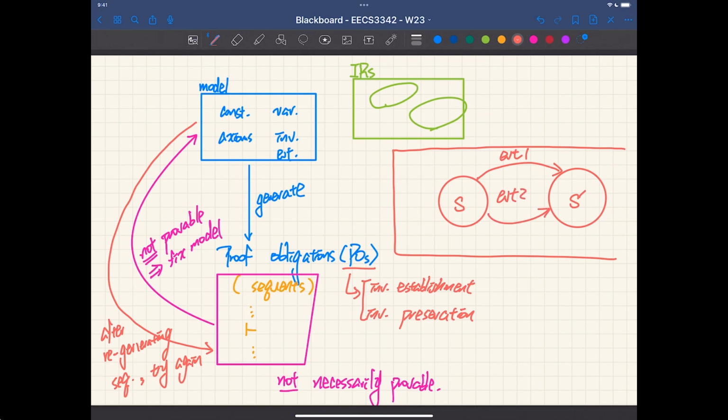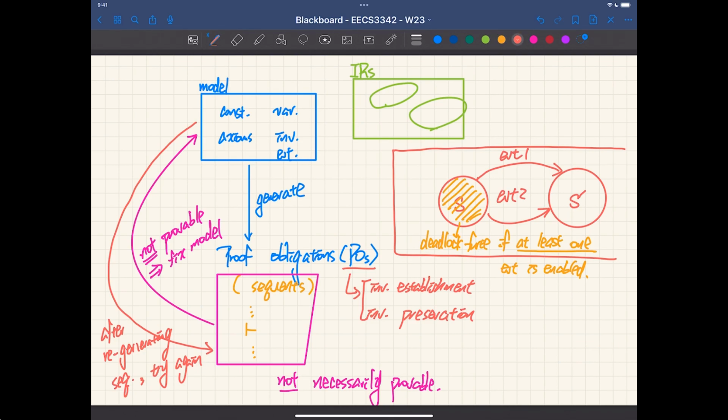What is deadlock freedom really about? Deadlock freedom is really about the pre-states. The system is deadlock free if at least one event is enabled. That's all deadlock freedom is concerned about at the pre-states: at least a transition can take place.